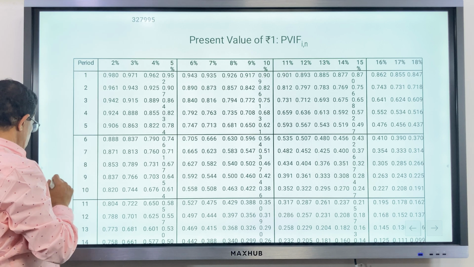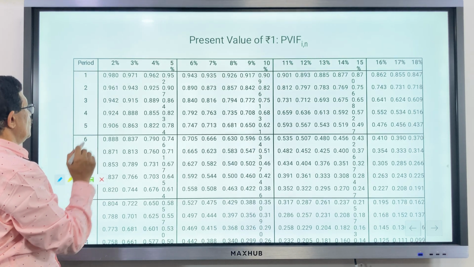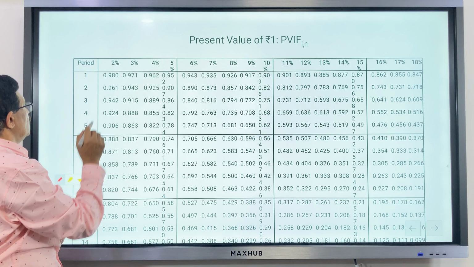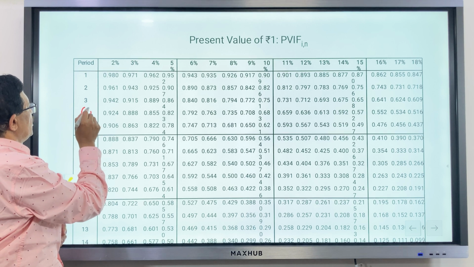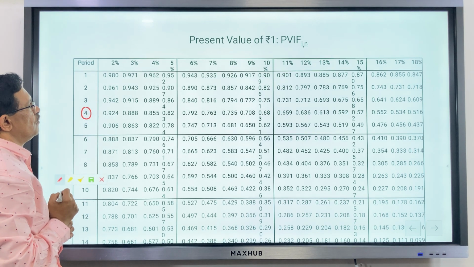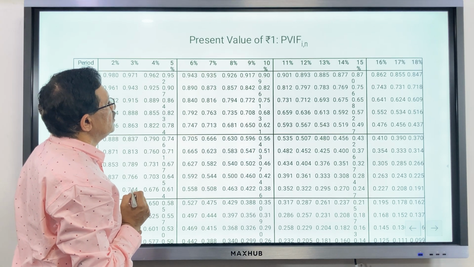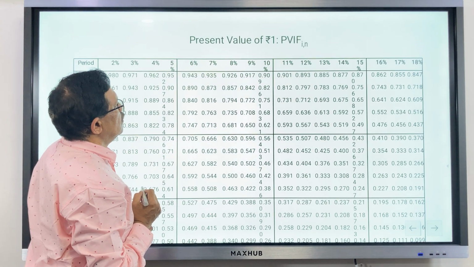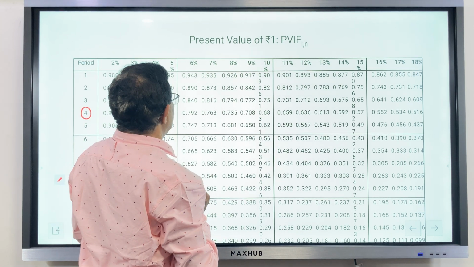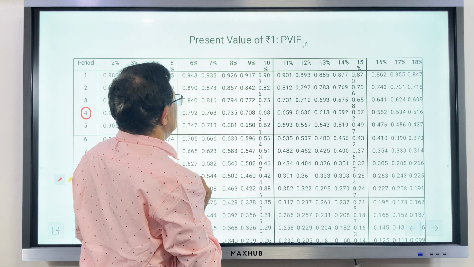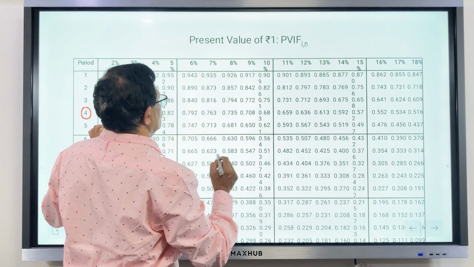we have to go down here, and this is the 4th year end, and the discount factor is 10%. Then the discount factor is going to be equivalent to how much?